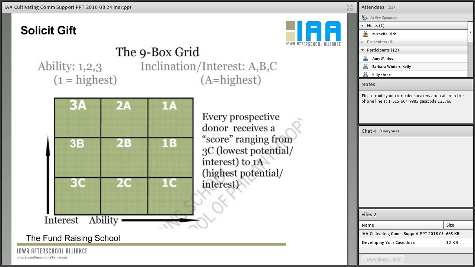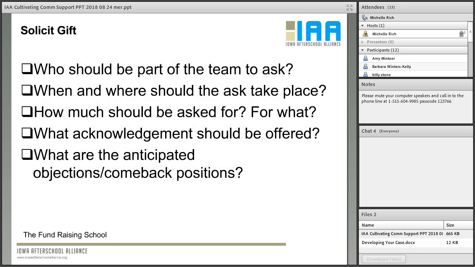It's not to say that 3C should just be thrown out. They might just be lower on your priority list based on the limited time that you have. But they could potentially, with education, rise in interest, and then their financial or time ability might increase, so they could become a 1A eventually. So this is all part of cultivating community partners and not forgetting the 3 C's. That's right. That's a really good point.